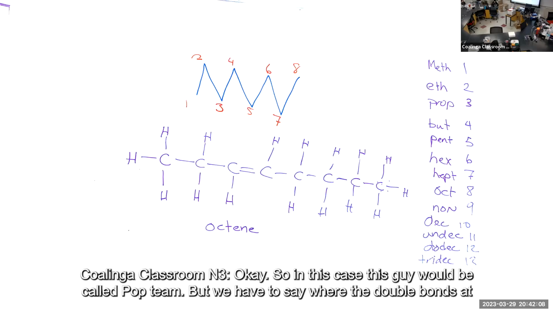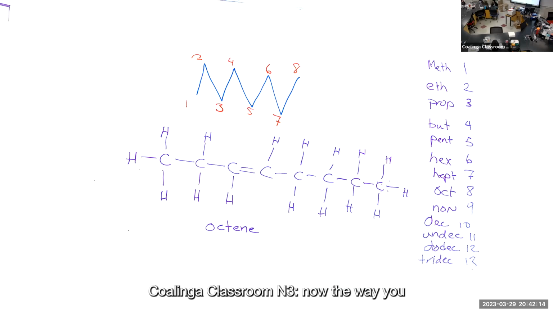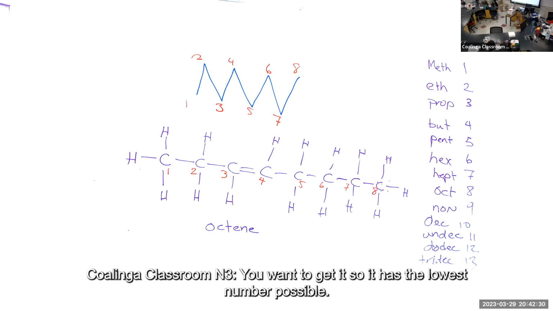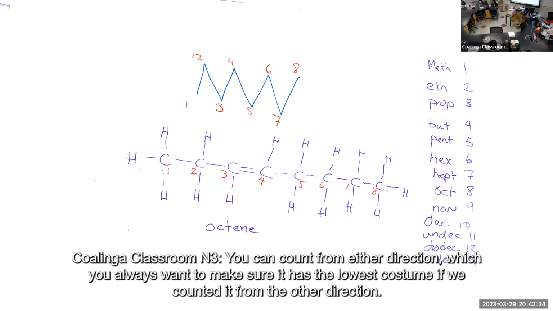But we have to say where the double bond is at. The way you determine where the double bond is at is by counting. This here is 1. This is our 1 carbon. This is 2. This is 3. This is 4. This is 5. This is 6. This is 7. This is 8. You want to give it the lowest number possible. You can count from either direction, but you always want to make sure it has the lowest number possible.